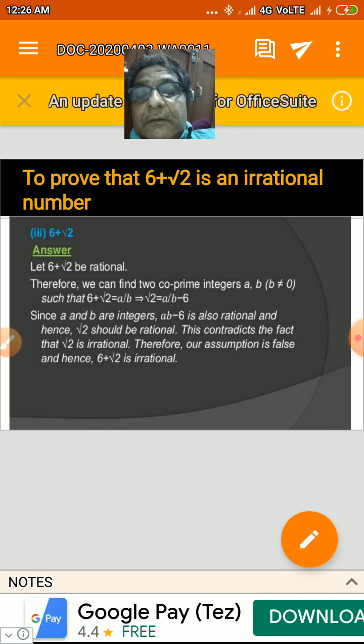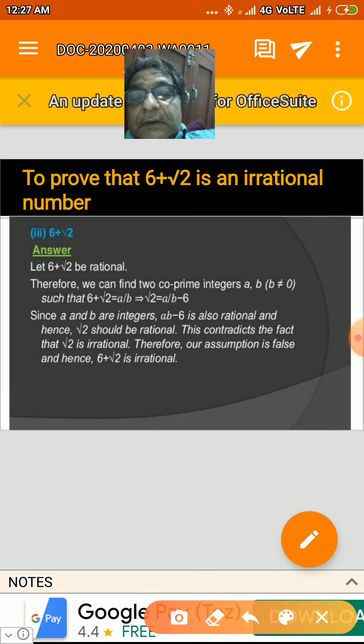Then from this supposition we can write 6 plus root 2 equal to a by b. Transposing this, keeping root 2 on one side and the remaining on the other side, we can write root 2 equal to a by b minus 6.